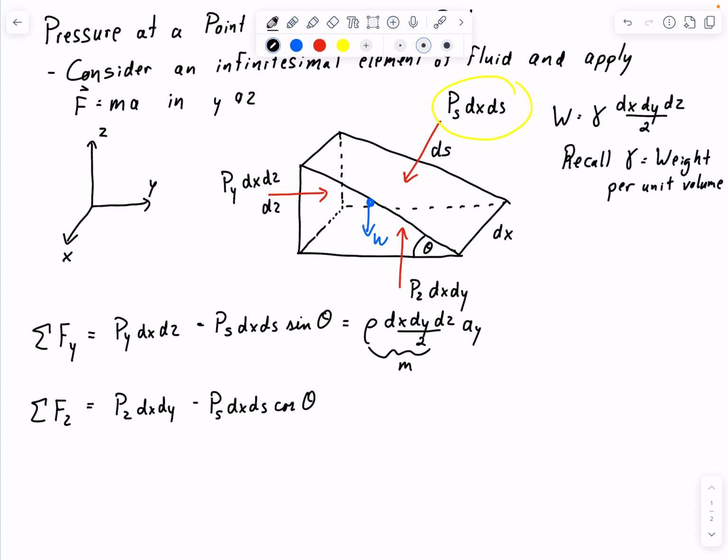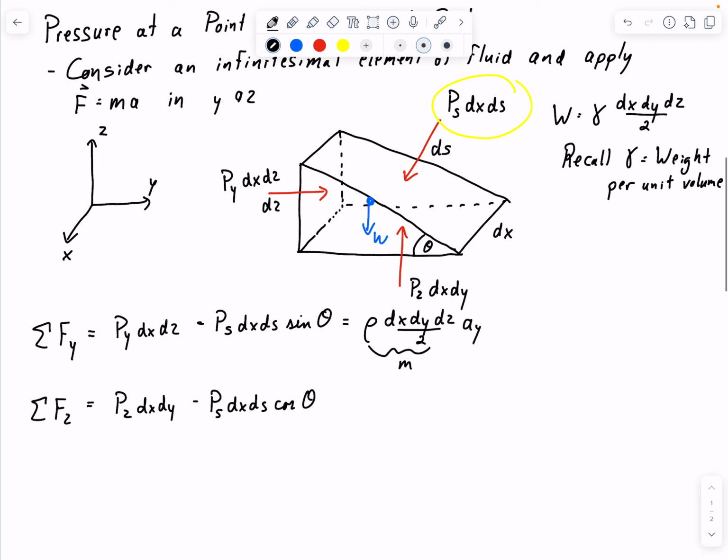So that's the component of this pressure force from that top face acting in the negative z direction. And we also have one more force. We have the body force from the weight. So we're going to say minus gamma times dx dy dz divided by 2. And this is all equal to mass times acceleration.